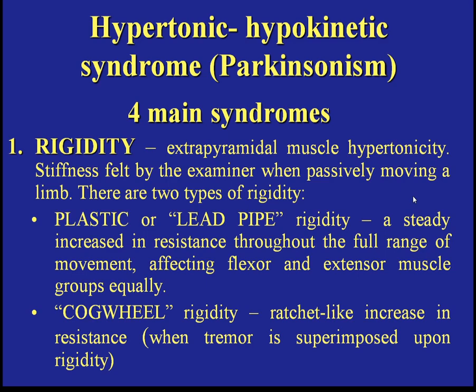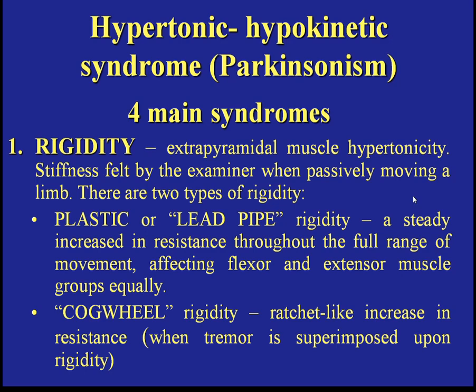The first one is rigidity, extrapyramidal muscle hypertonicity, stiffness felt by the examiner when passively moving a limb. There are 2 types of rigidity: plastic or lead pipe rigidity, a steady increase in resistance throughout the full range of movement, affecting flexor and extensor muscles groups equally.